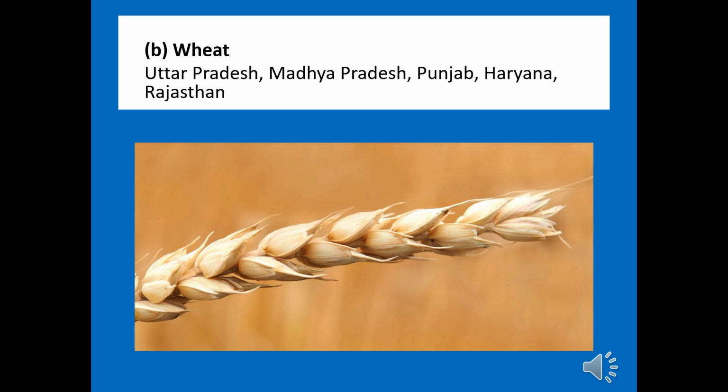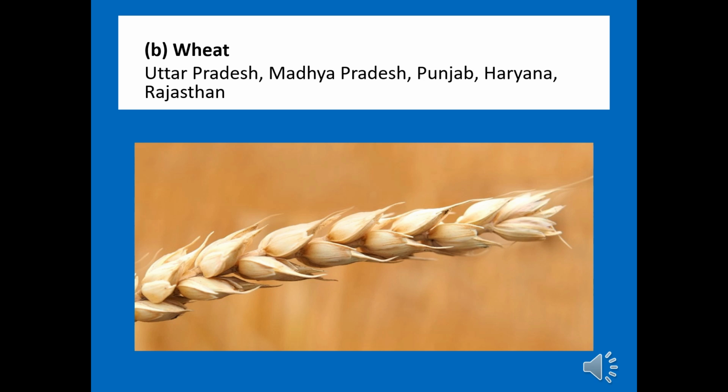Now, talking about the next crop, wheat. It is mainly grown in the following states. As I explained earlier about rice, similarly you can correlate geographical conditions for wheat with the process of making chapatis at your home. To make the atta dough, less amount of water and temperature are required.